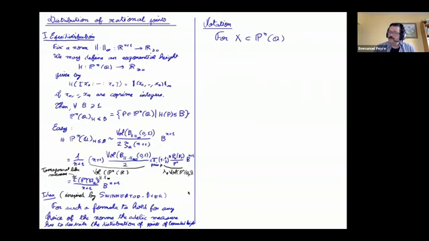So anyway, if I take a finite set X which is not empty, then I can look at the corresponding probability measure, which is simply 1 over the cardinal of X, the sum for P in X of the Dirac measure at P. This is a probability measure on the adelic space.